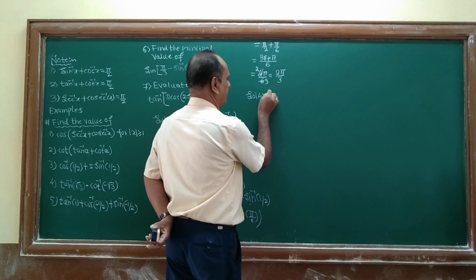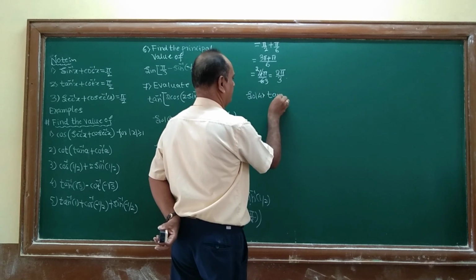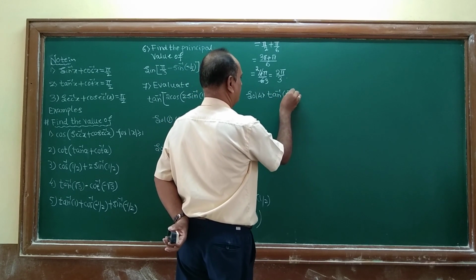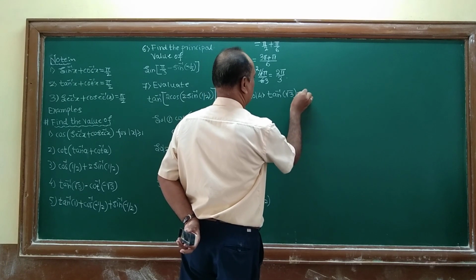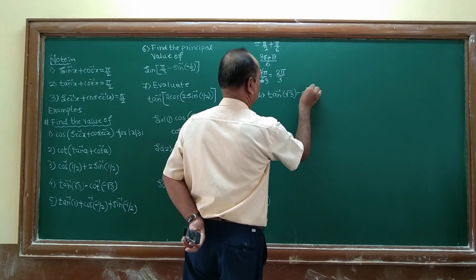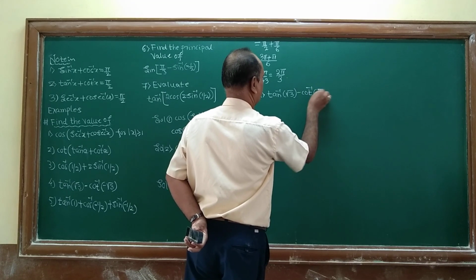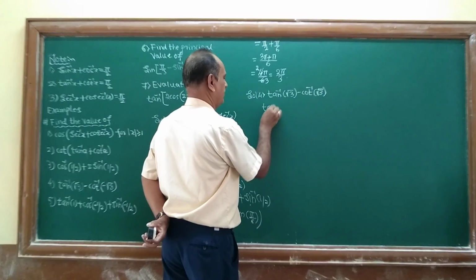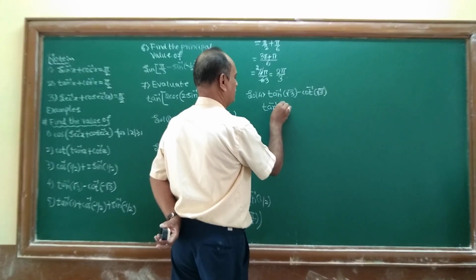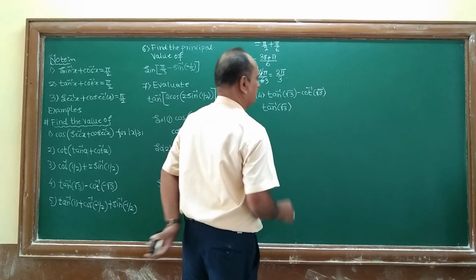That is tan inverse of root 3. Then the next term is minus cot inverse of root 3. So tan inverse of root 3, write as it is. So apply the formula.